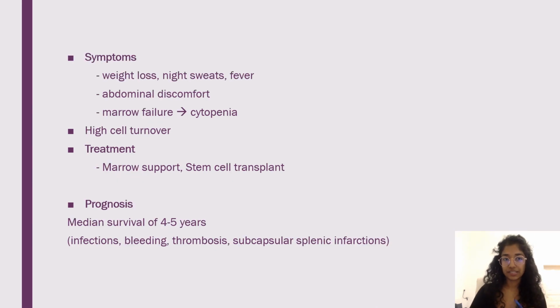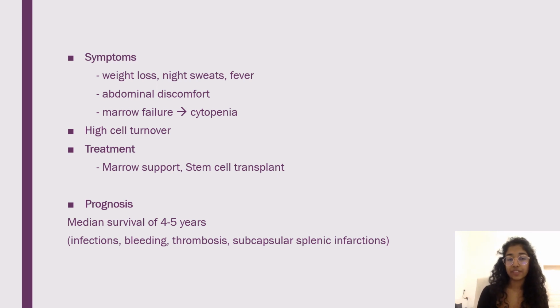Symptoms of this disease include weight loss, night sweats, fever, so generalized symptoms. You'll also see the presence of abdominal discomfort, and this is due to the enlarged secondary hematopoietic organs, particularly the spleen, which will therefore lead to discomfort.